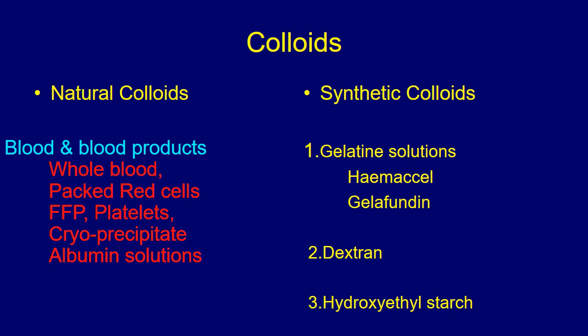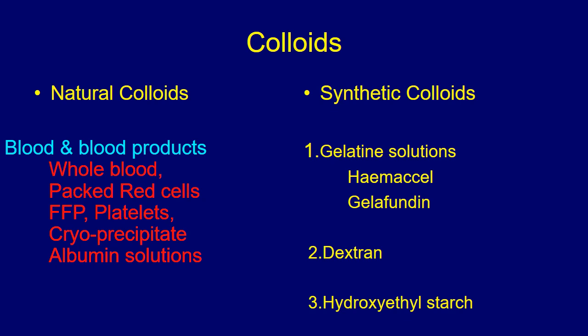Right. So, what are the different types of colloid intravenous solutions? We can again subdivide those largely into natural colloids and synthetic colloids, as we mentioned earlier. What are examples of natural colloids? Examples are blood and blood products: whole blood, packed red cells, fresh frozen plasma or FFP, platelets, cryoprecipitate, and various albumin solutions.